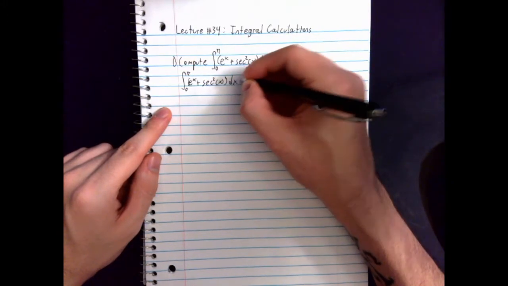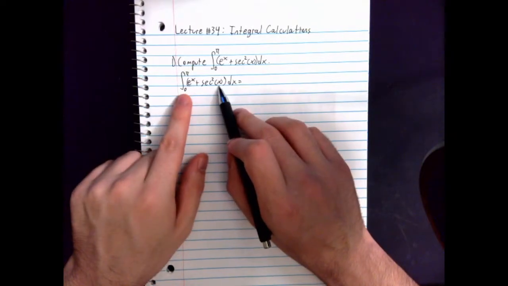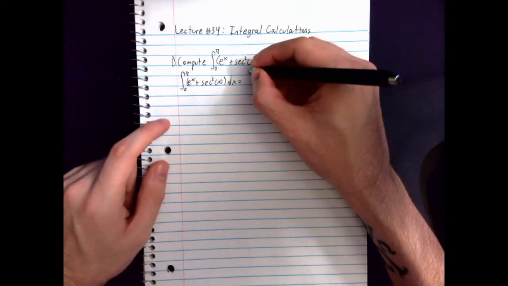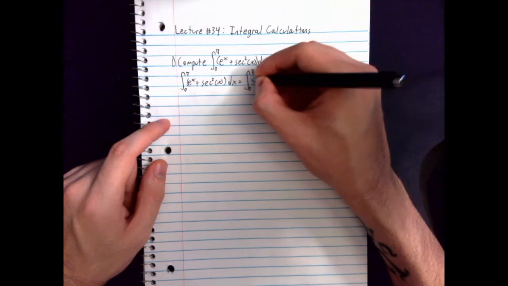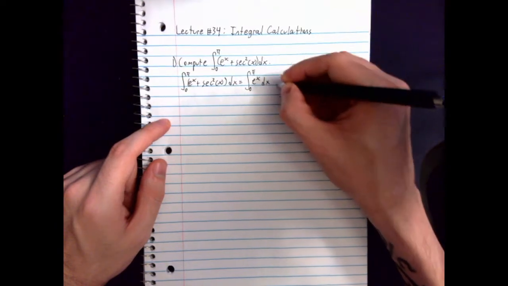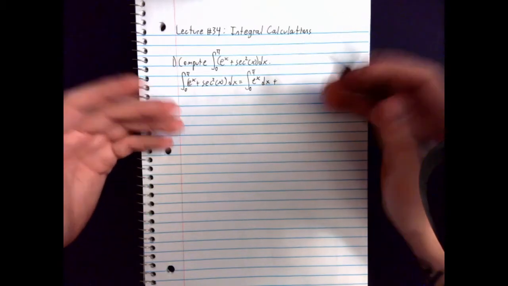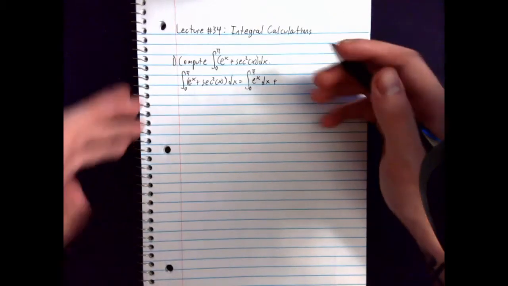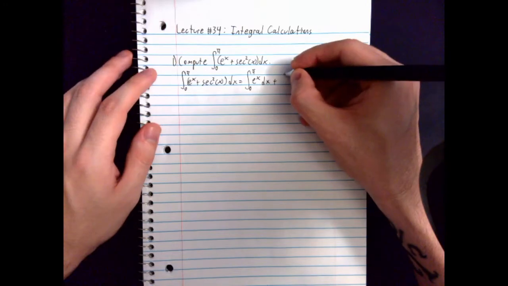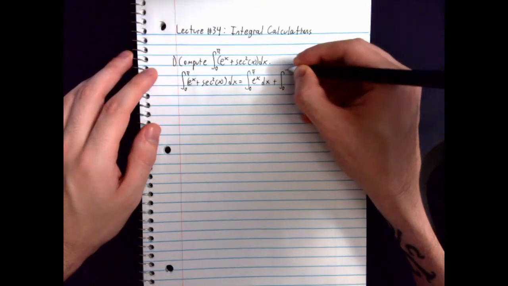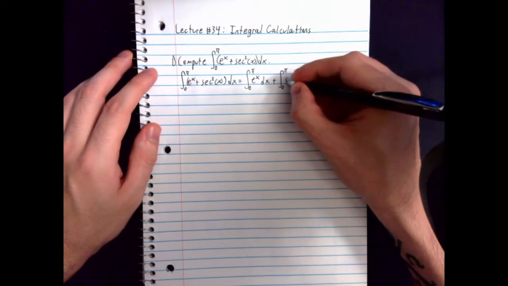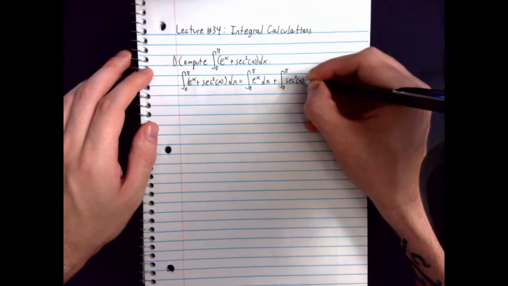We know that the integral is linear, so we can split it apart into two integrals. This is the integral from 0 to pi of e to the x dx. And it's not necessary to show this much work when you're doing integral computations, I just want to make sure that every step is clear. Plus the integral from 0 to pi of secant squared of x dx.